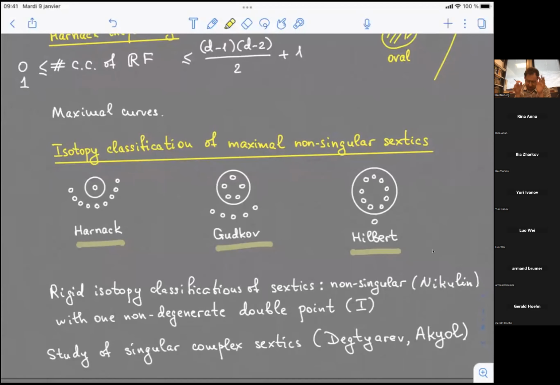An impression after all this work was that this machinery of K3 surfaces can be applied either in the complex situation, in which case one can study singular objects, or in the real situation, but in this case the objects should be either non-singular, like in Nikulin's case, or almost non-singular, like in the case of real sextics with one non-degenerate double point.